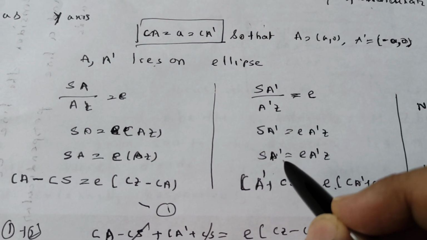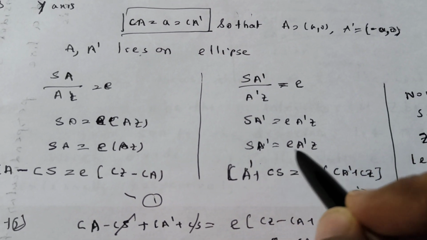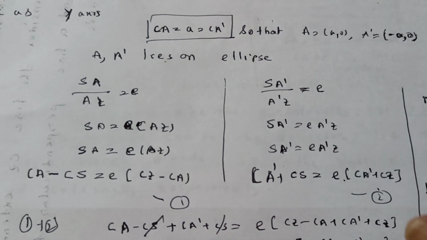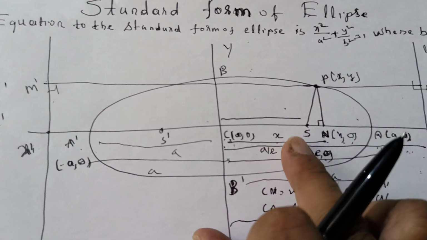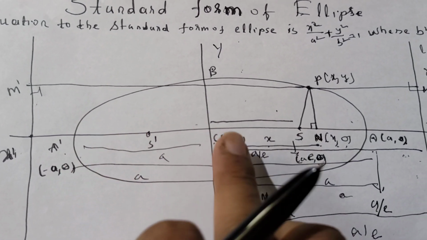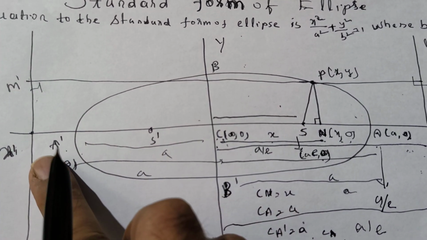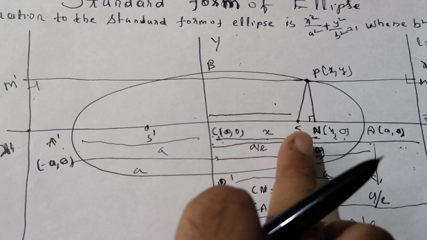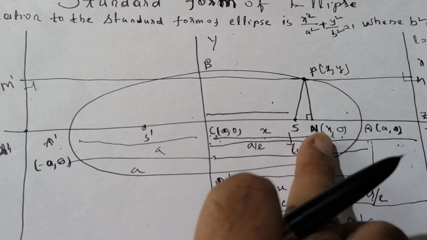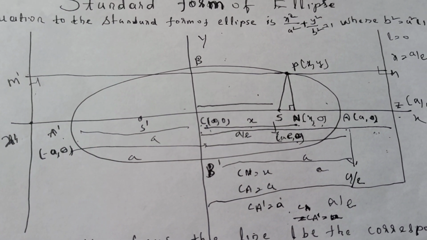Now coming back to SA dash and A dash Z. I need to calculate SA dash, and I need to calculate A dash Z. Now, SA dash: this is S, this is A dash, the center point is C. CS plus CA dash I have to take, that gives A dash S. Or else you will take SA dash as CS plus CA dash. On the right hand side, what is there?